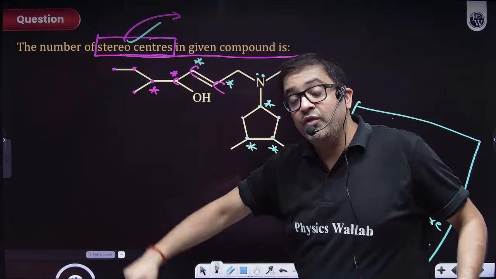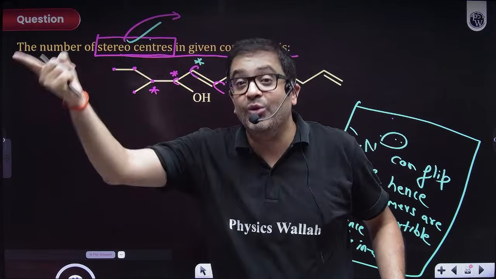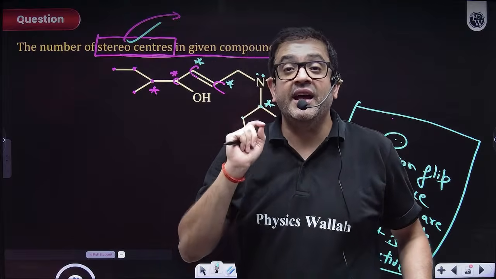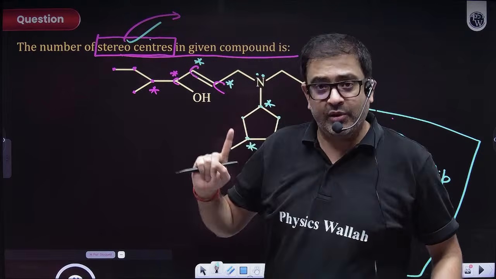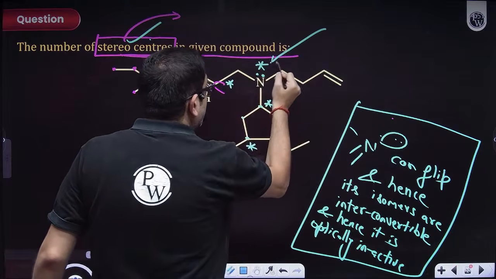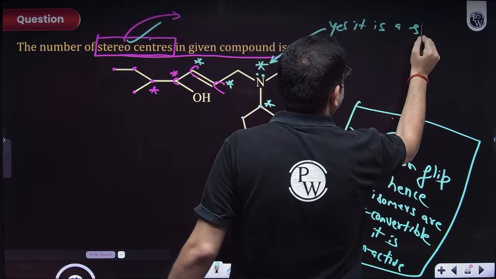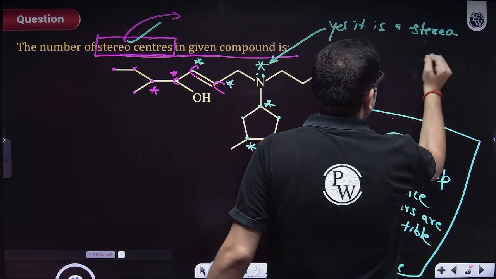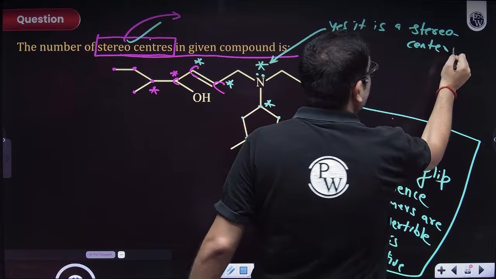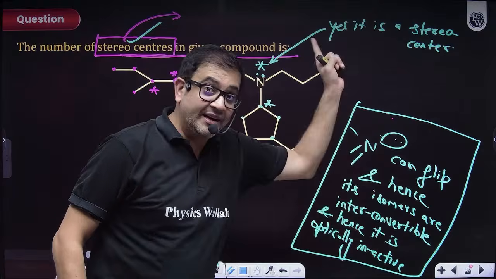Then, sir, why did you not do this in the previous question? Because over there, the nitrogen lone pair was getting delocalized. A good one. So this is also, yes, a stereo center, although not capable of making an optically active compound, but a stereo center.